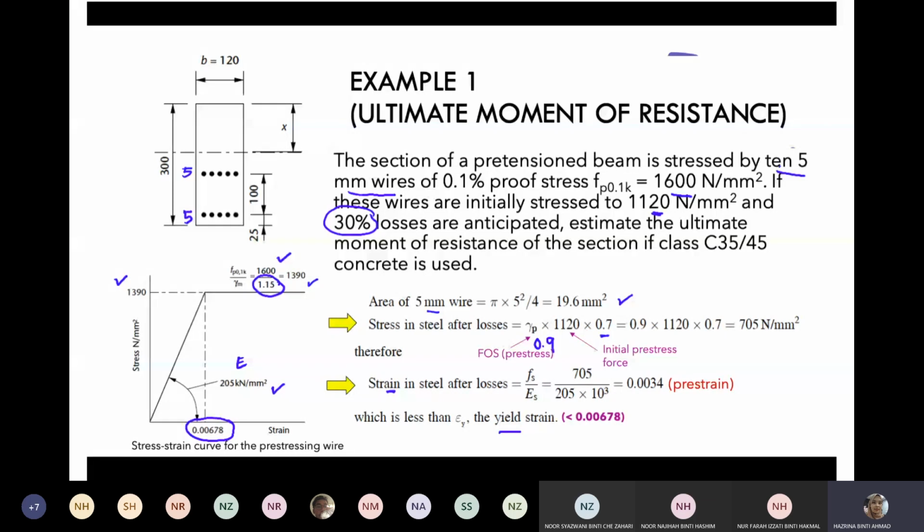This value has to be divided by this and we will get the value of the strain. In the calculation, we have already calculated the strain in steel after the losses is 0.0034. In comparison to the yield strain, which is 0.00678, our value of strain is lesser than this.